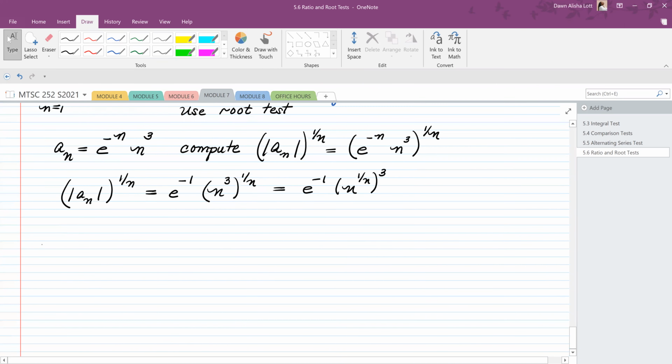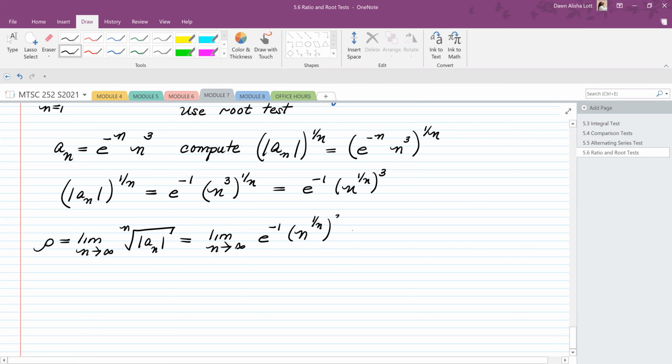So rho is the limit as n approaches infinity of the nth root of the absolute value of an, but that's just the limit as n approaches infinity of e to the minus 1, n to the 1 over n cubed. So that goes to e to the minus 1.